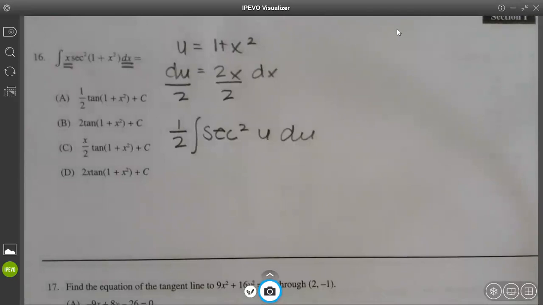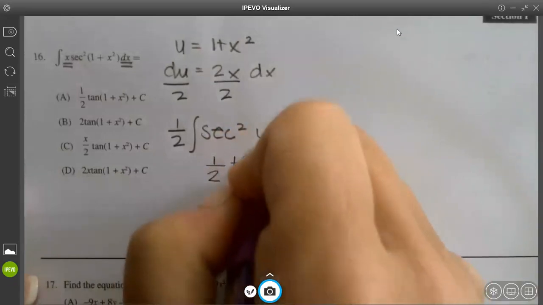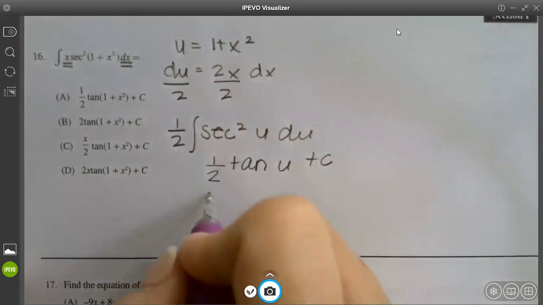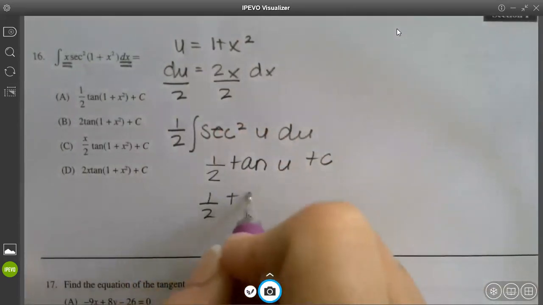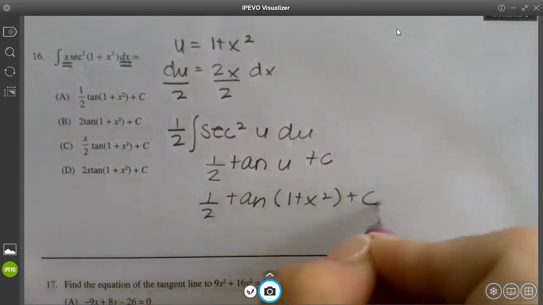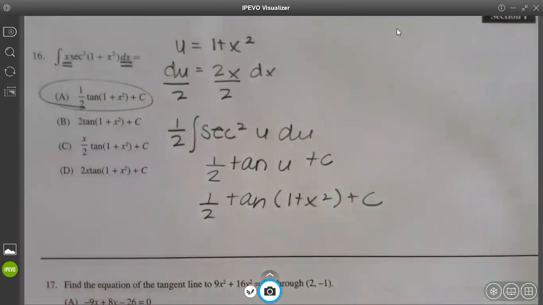If you know that, then you should be able to go backwards. So we have 1/2 tan U plus C. What was U? Every time we take one of these, I forget what we use.